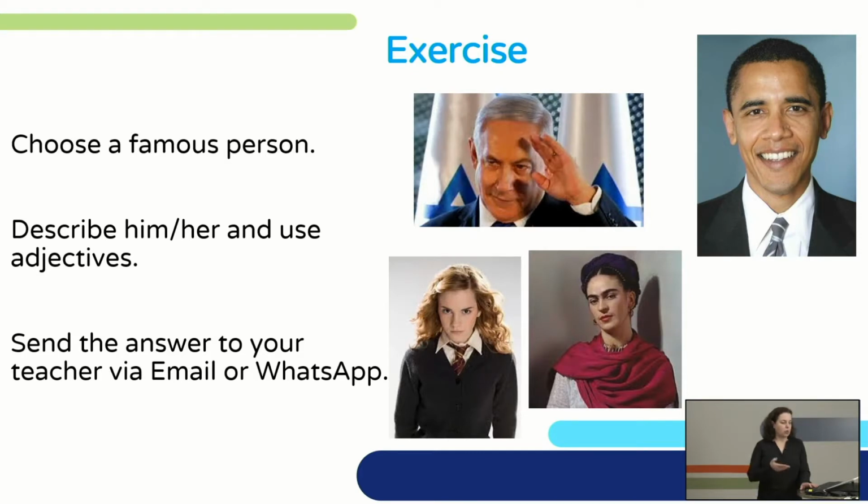In these pictures, you have Barack Obama, for example, Bibi Netanyahu, Hermione from Harry Potter, Frida Kahlo. If you don't know who she is, you can look on Google. Choose a famous person. Describe him or her using the adjectives that we saw before.